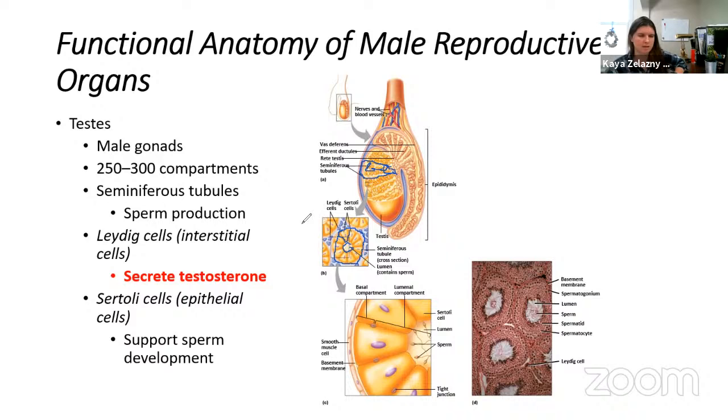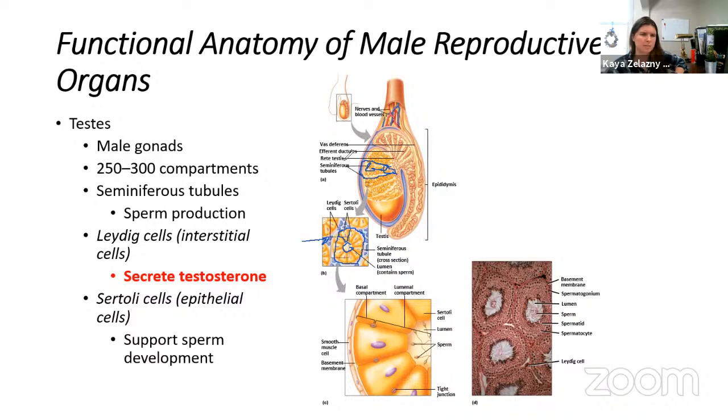We do have one other cell type we want to be thinking about as we think about the testes and sperm development. We have the Leydig cells. These are here in purple blue. The Leydig cells would be lying in between the seminiferous tubules, in the blank space. And they're the ones that are actually secreting testosterone, which is why we want to know about them.